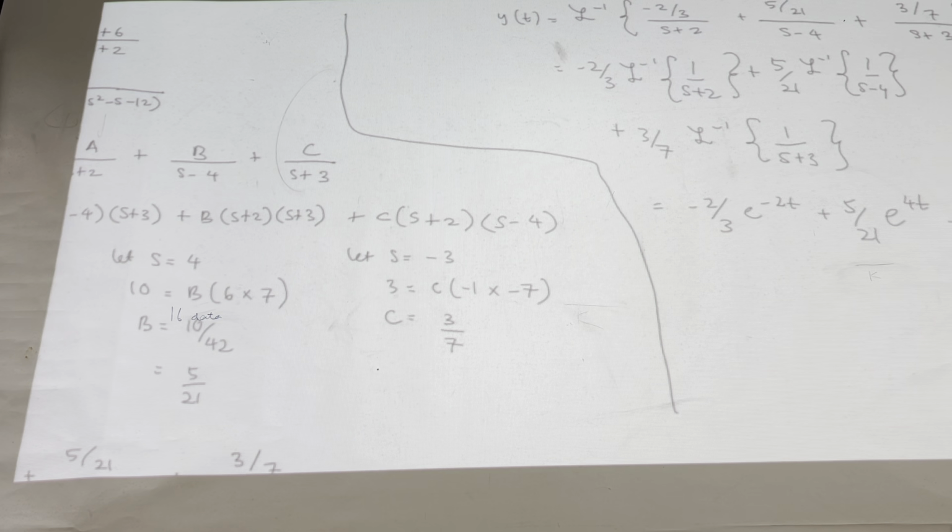So for d square y over dt square, this is s square YS minus sy0 minus y prime 0. That is for d square y over dt square. For y you get 4YS and exponent negative 2t is 1 over s plus 2.